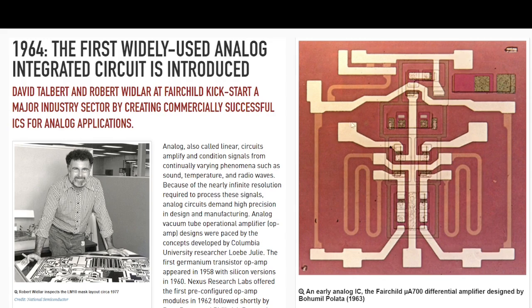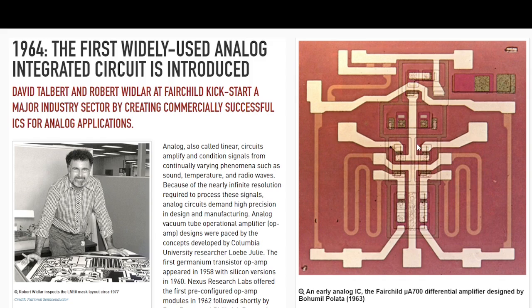They put the analog circuit on a silicon chip. And this gentleman, with the LM10, a very famous operational amplifier, was looking at its design layout before producing the respective silicon chip.